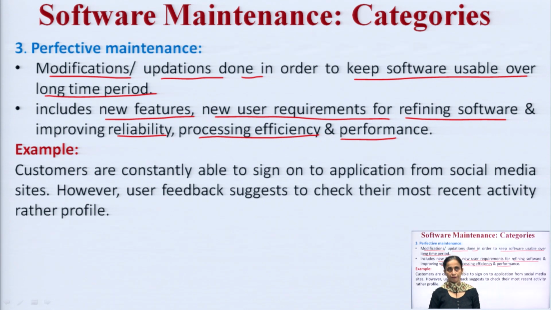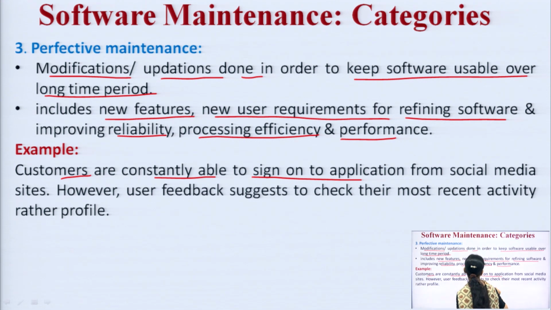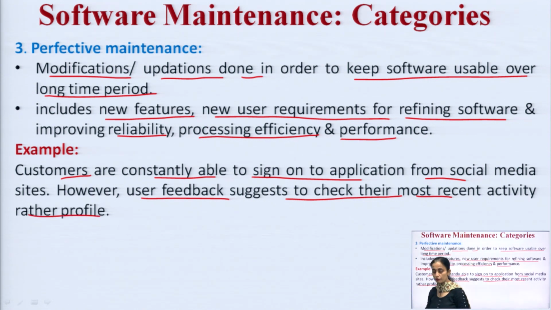Now, take one example for this perfective maintenance. Customers are constantly able to sign on to an application from the social media sites. However, user feedback suggests checking their most recent activity rather than their profile.